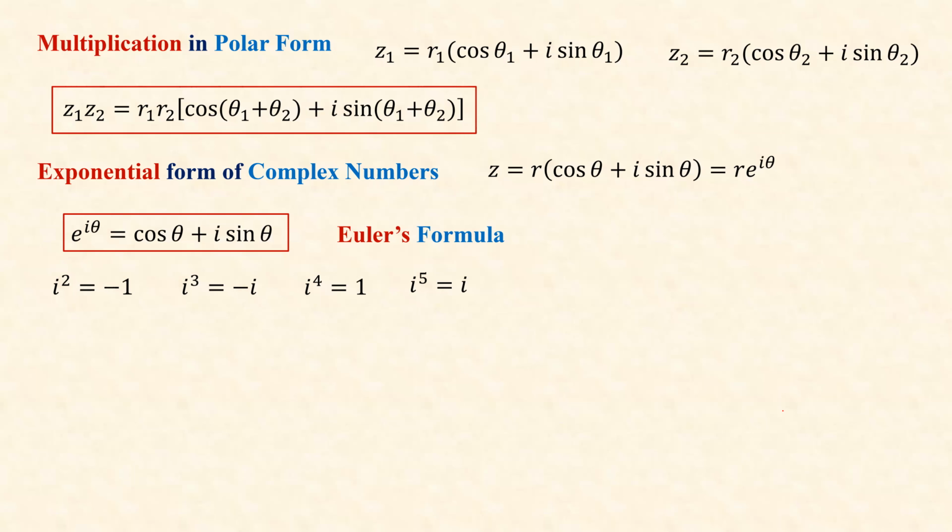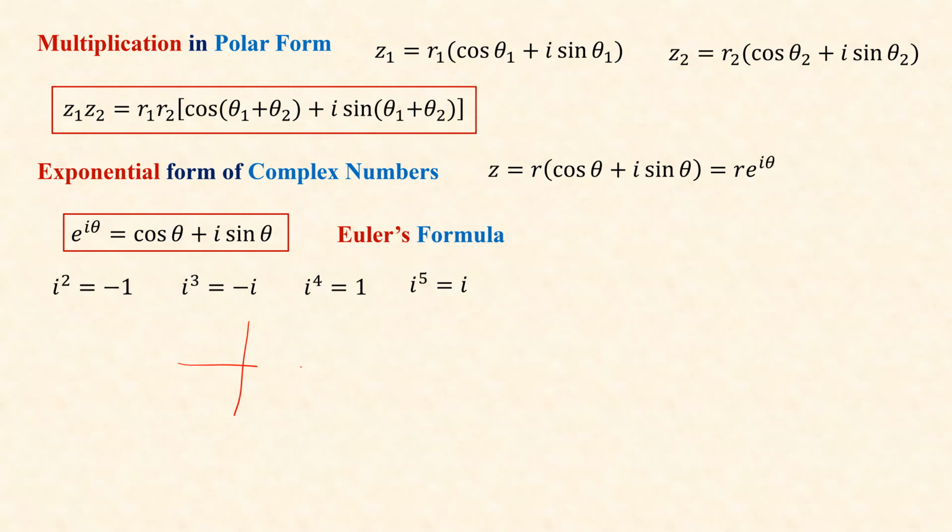It rotates between all of these because every time it rotates 90 degrees. See, if you multiply I by I, you get -1. That's I rotated by 90 degrees, which is what we just found out. And then you rotate another 90 degrees, you go to negative I. You rotate another 90 degrees, you get to 1, right?